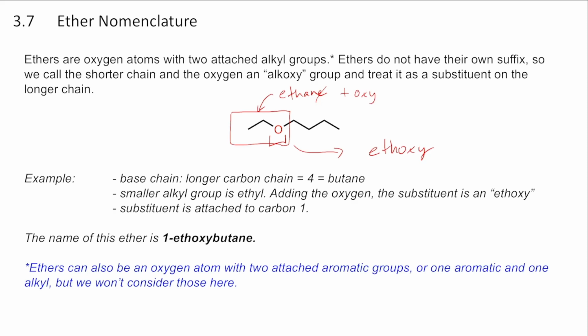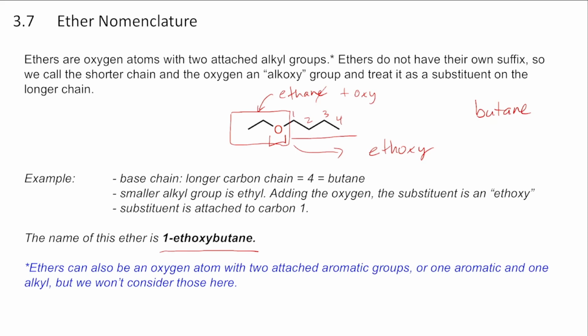And then we just take our base name, which is the longer chain, which is butane. And we're going to number it 1, 2, 3, 4 to give the lowest possible number to the ethoxy group. And we write the name out 1-ethoxybutane. So there's an ethoxy group attached to carbon 1 of the butane.